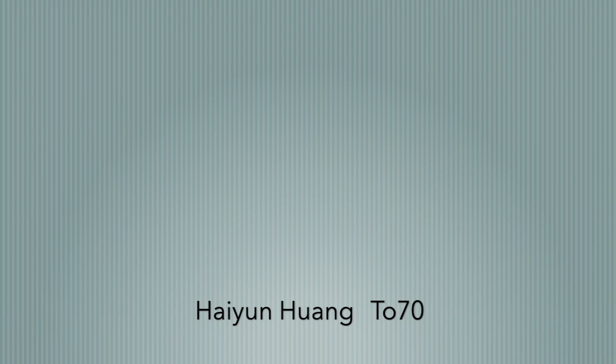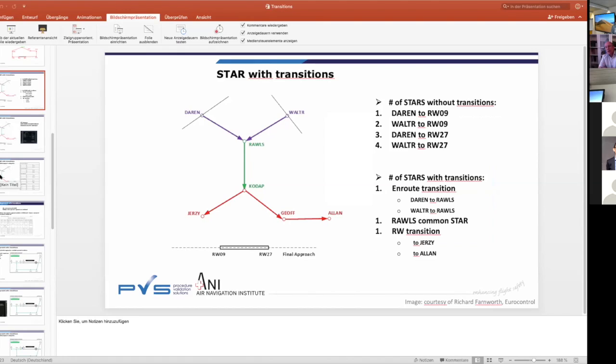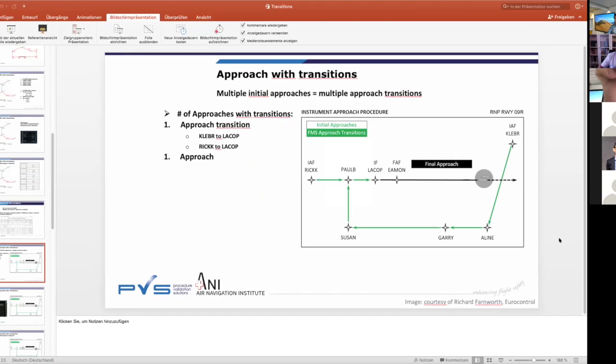Are you Wang here from Netherlands? I was wondering which Eurocontrol paper are we talking about? A paper that has been brought out by Rick Farnworth, and I used his graphics out of this paper. There's a newer paper where you see other graphics, like the one you see here, which is out of a newer presentation. So the approach transitions, I thought, are described better in this paper.